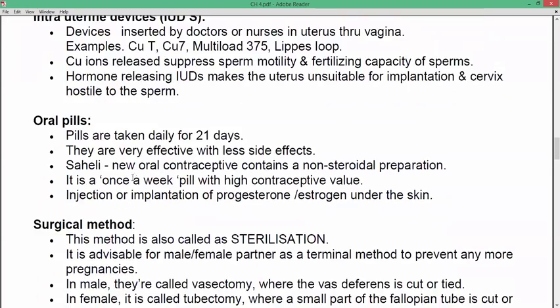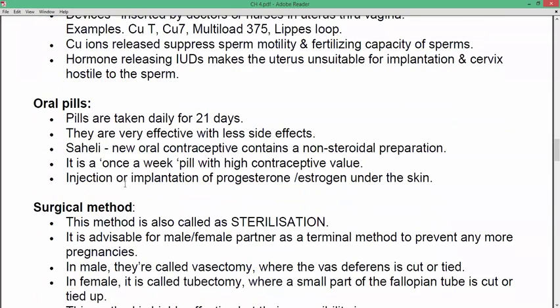Now, the third is the oral pills, that is the contraceptive pills, which are taken daily for 21 days. These oral pills are a combination of hormones, right? And they are very effective with fewer side effects. An example of the oral pill is Saheli, the new oral contraceptive which contains a non-steroidal preparation.